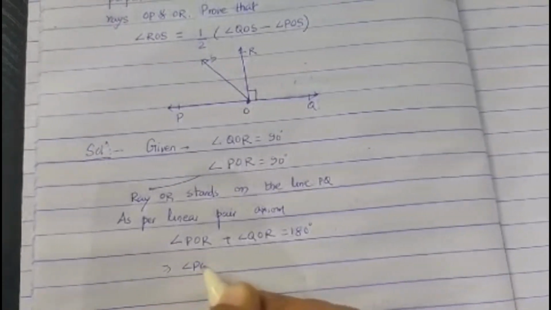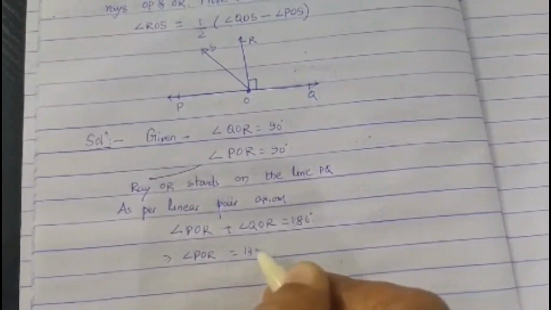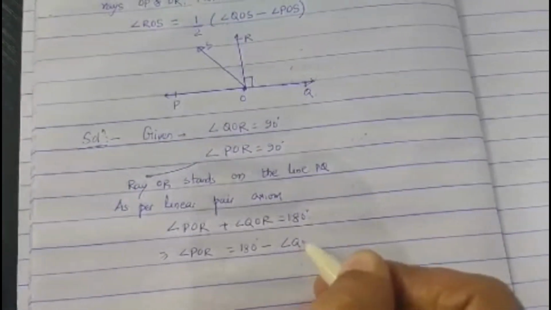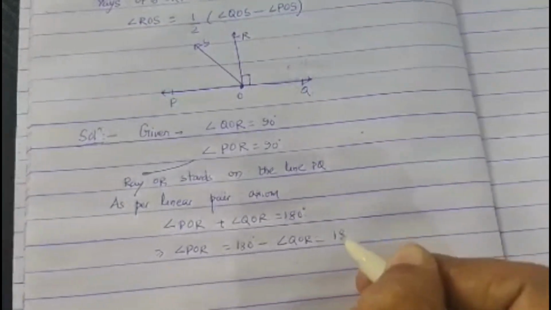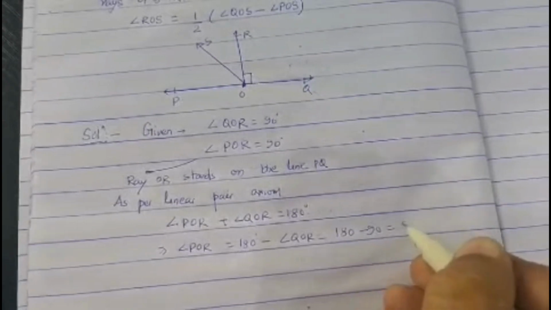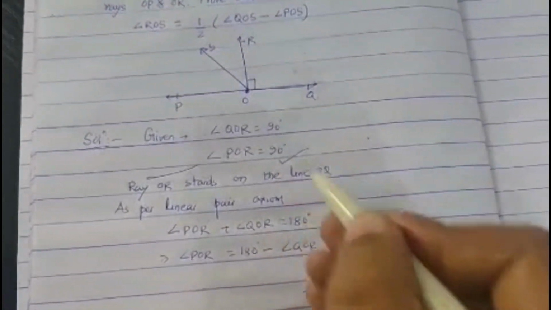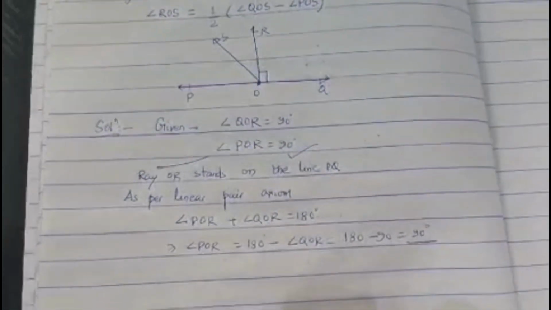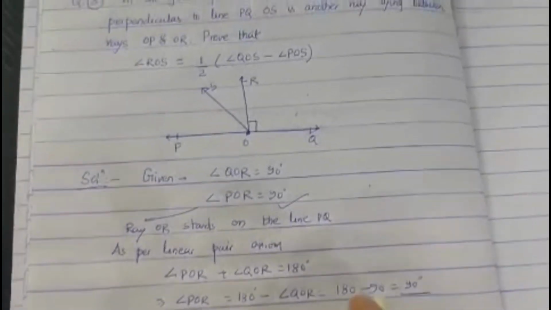So angle POR is equal to 180 minus angle QOR, that is equal to 180 minus 90, that is equal to 90 degree. So we have written here angle POR equal to 90 degree. Okay. So this is given.